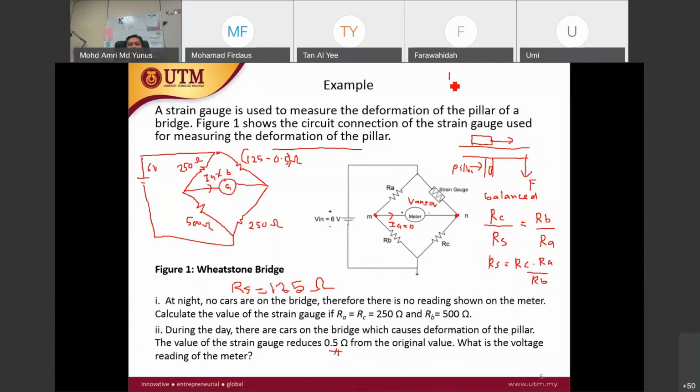Let's say the meter value is 1 kilo ohm.